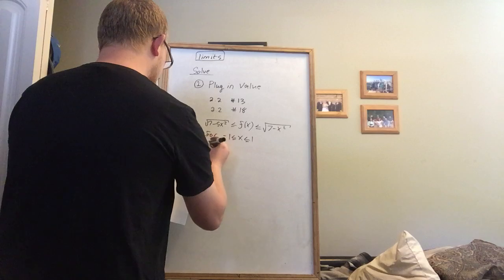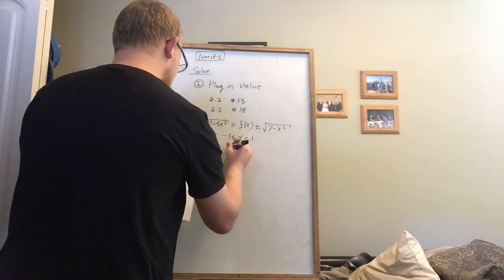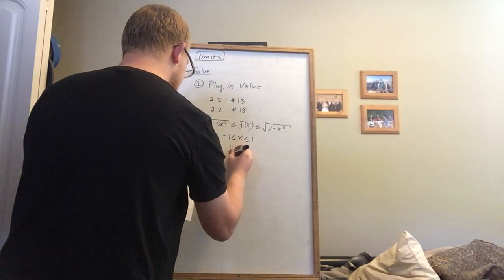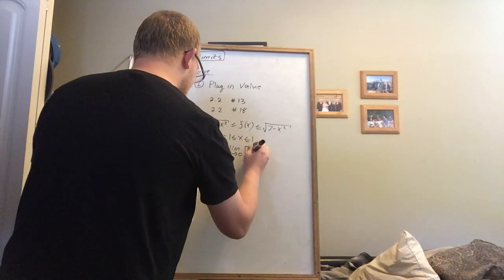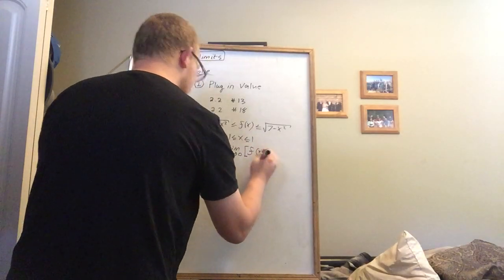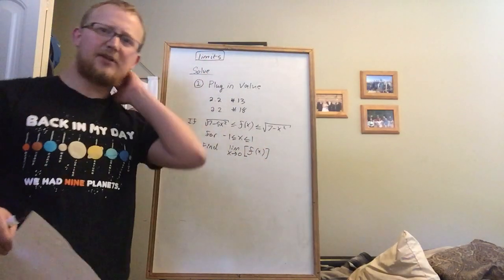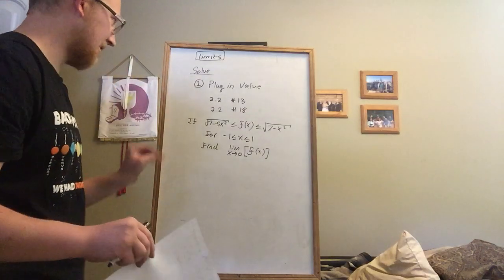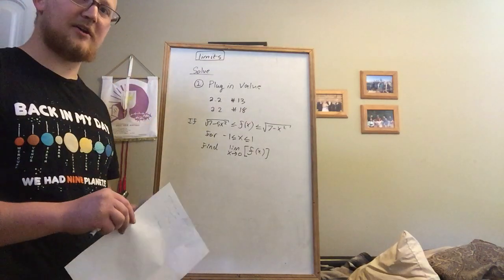The question is, find the limit as x approaches 0 for f of x. And this is honestly kind of really tricky when you first look at it. The more you walk through it, it'll start to pop out more.